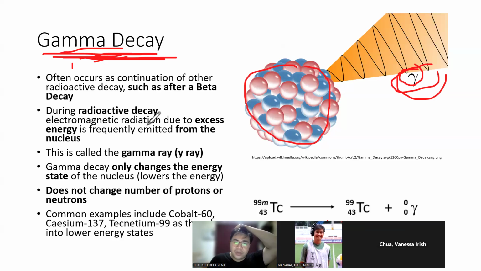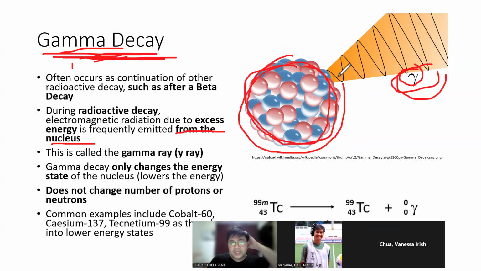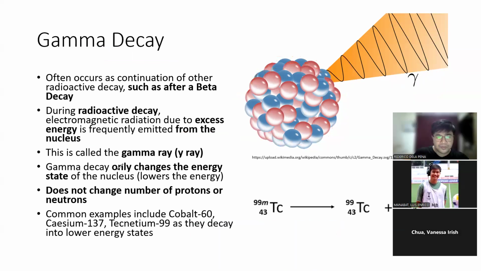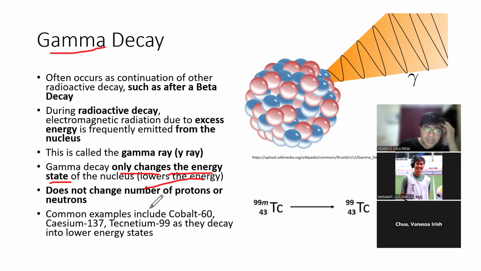Gamma decay usually happens when your nucleus is in a high energy state. So in order to stabilize, the nucleus will release a gamma ray. It only changes the energy state, effectively lowering the energy state of the atom. And since we're only talking about the release of energy, gamma decay does not involve any change in the number of protons or neutrons.